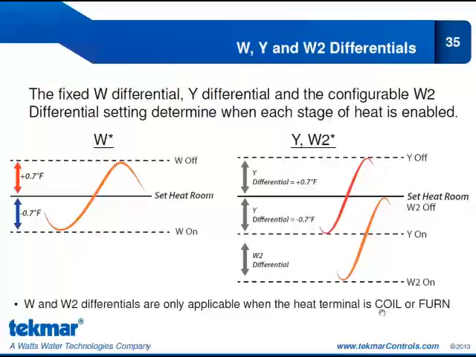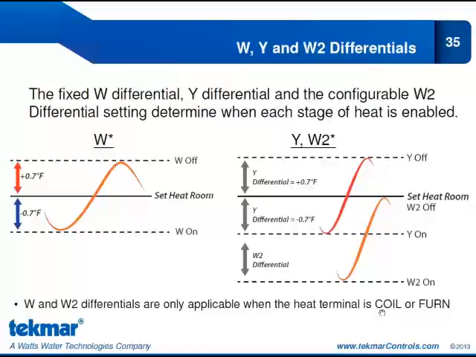So the only way you have access to select a W2 differential is if your heat terminal is coil or furnace. And in that case, your W2 differential can be configured for 0 to 8 degrees, and that applies for Fahrenheit and in Celsius, 0 to 8 for both.